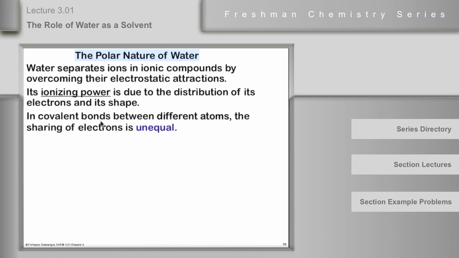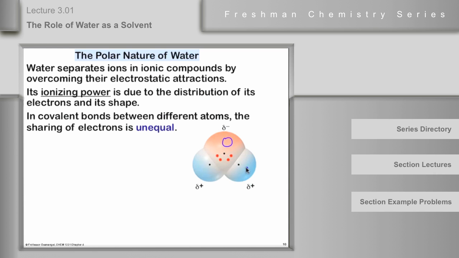Now, whenever you have covalent bonds between different atoms, the electrons in the bonds will be shared unequally. Later on we'll talk about electronegativity, which you all remember about anyhow. The more electronegative atom, of course, will have the electrons in the bond spend more time close to it. But in any case, if the electronegativities are different, the electrons will spend more time near one atom than the other.